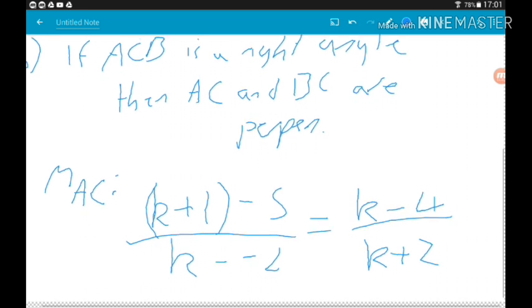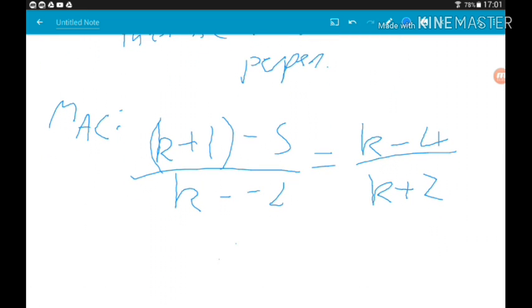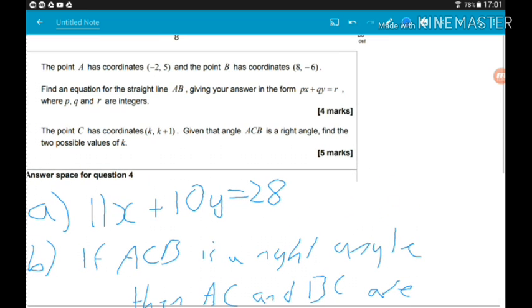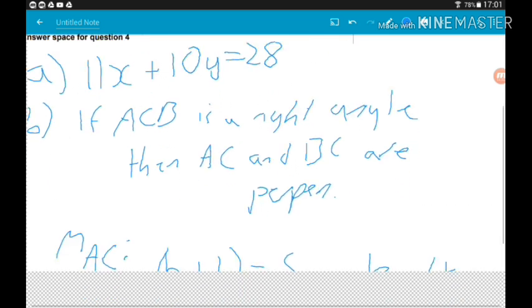So that's the gradient of the line AC. Now let's find the gradient of the line BC. I need to remind myself of the coordinates of B: 8, -6.